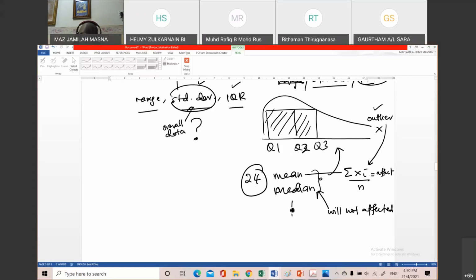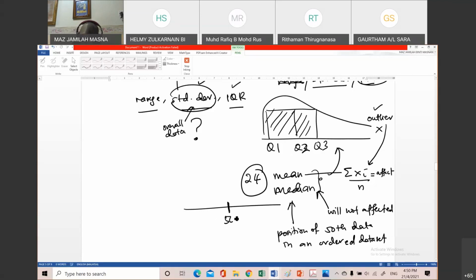Because you are talking about the position of the 50th value, the 50th data in an ordered data set, it always will be in the middle.